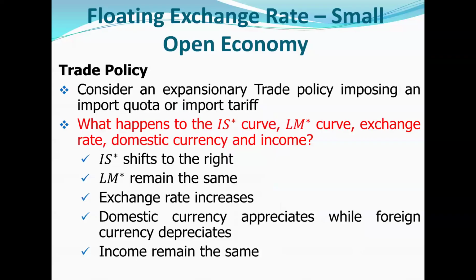The trade policy, as we come to almost the end: what really happens to the IS, LM, and the exchange rate, domestic currency and income, when there is expansionary trade policy, right? You know what the expansionary trade policy simply means?